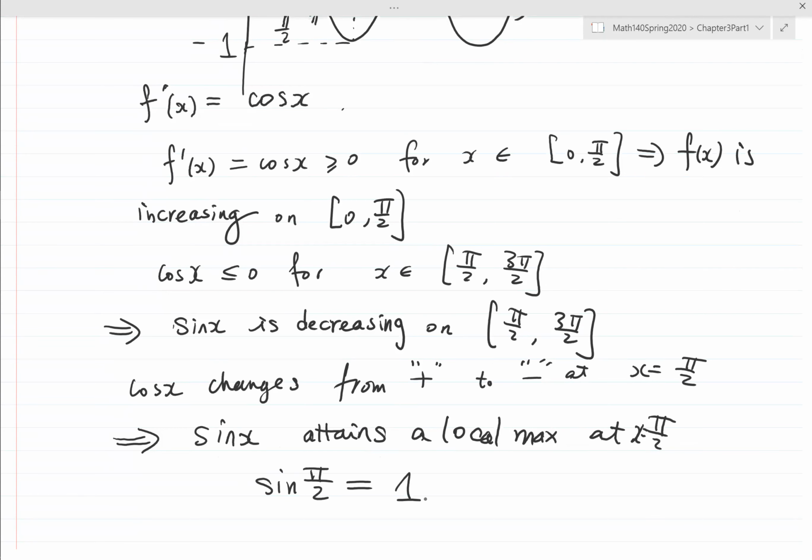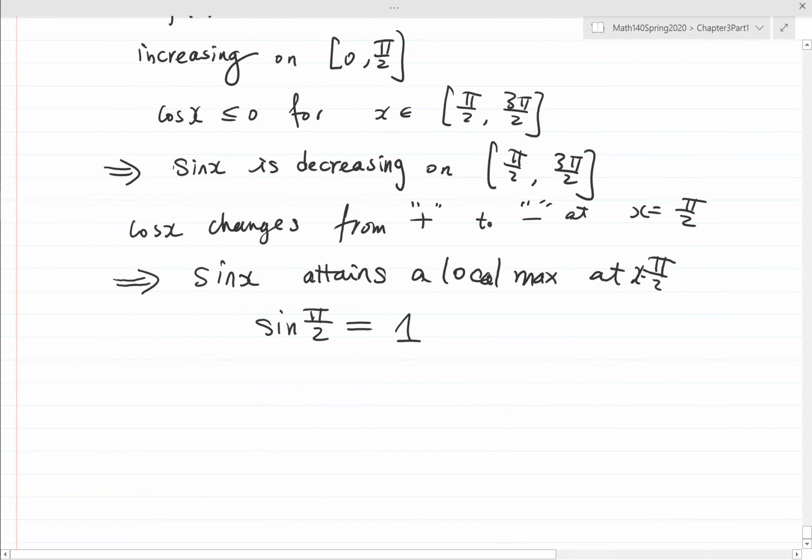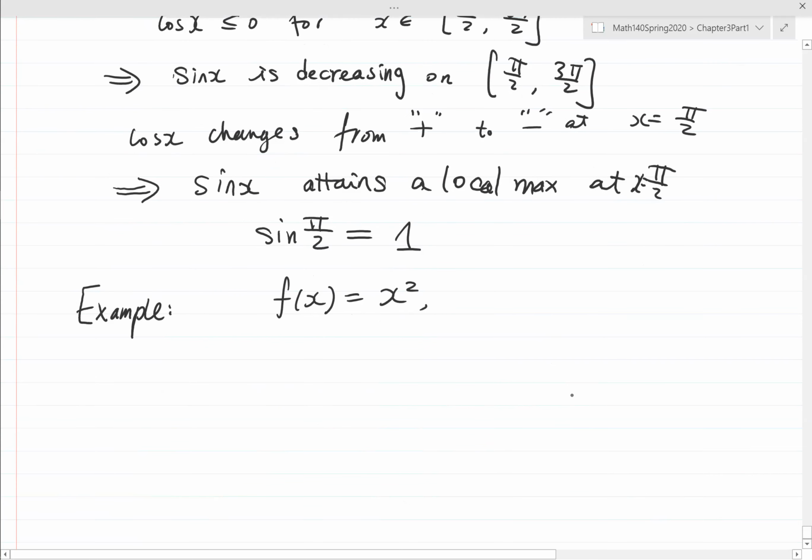Okay, more examples. f(x) equals x squared. Okay, its graph, the square function graph, looks like this if you plot it in a smooth manner. So this is y equals x squared. This is x, this is y.